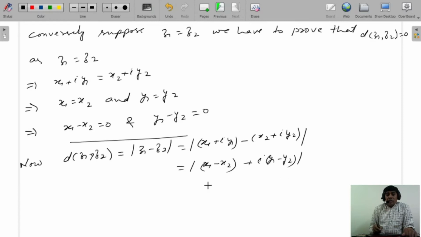We have to put the value of x1 minus x2 from this. x1 minus x2 is 0 plus iota (y1 minus y2) is also equal to 0.